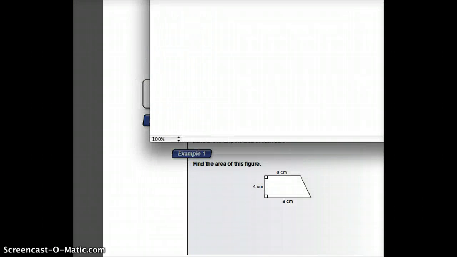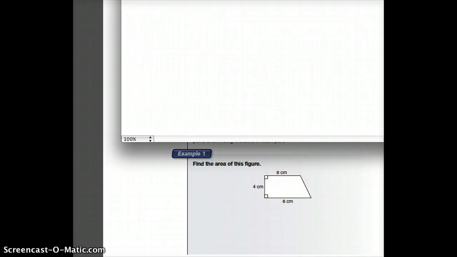Okay, so for example, I look at this figure here, and it'd be difficult to see how to find the area of that thing without cutting it into things that I know of.